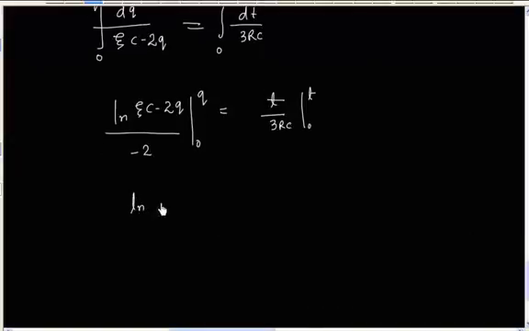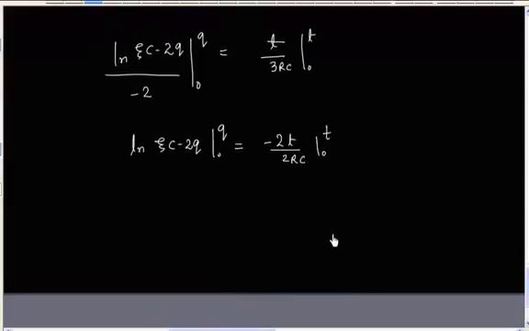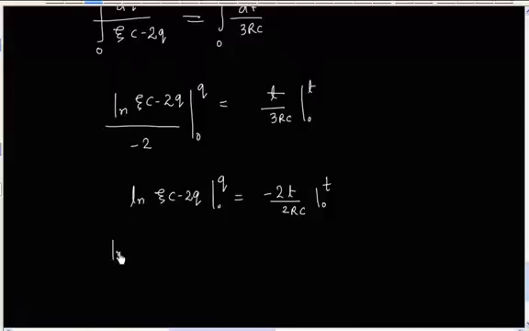So now I can write ln of Xi C minus 2q, limit 0 to q, and this 2 goes to this side, so we'll have minus 2t by 3RC, 0 to t. So we can plug in this limit, so we will have ln of Xi C minus 2q, and when this is 0, this will simply become Xi C, and this is minus 2t by 3RC, not 2RC.